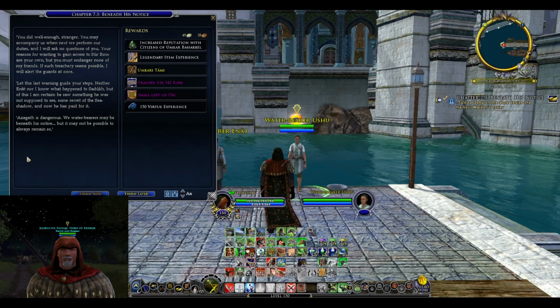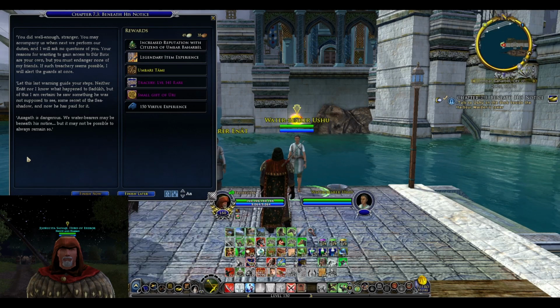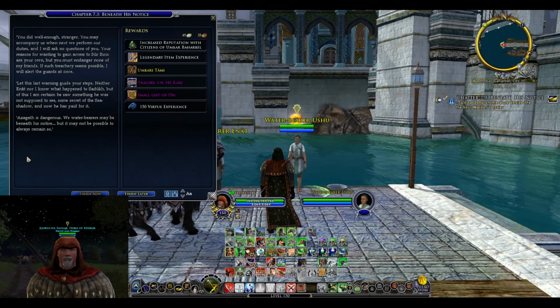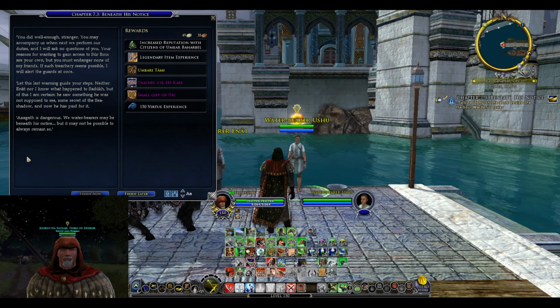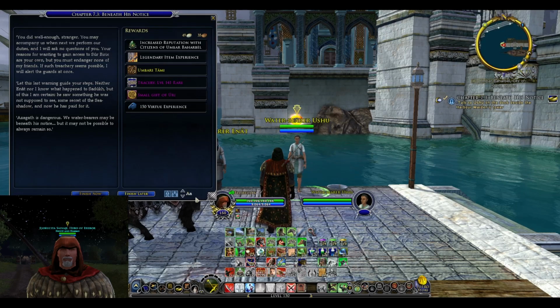Neither Anat nor I know what happened to Saduk, but of this I am certain. We saw something he was not supposed to see, some secret of the sea shadow, and now he has paid for it. Okay. Azagath is dangerous. We water bearers may be beneath his notice, but it may not be possible to always remain so. Okay.